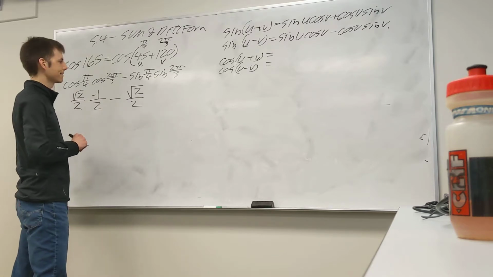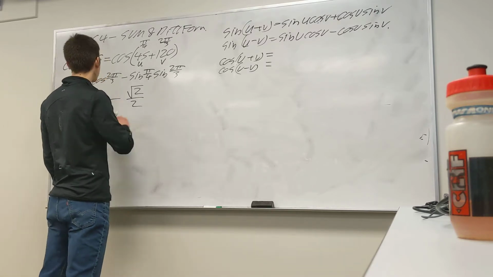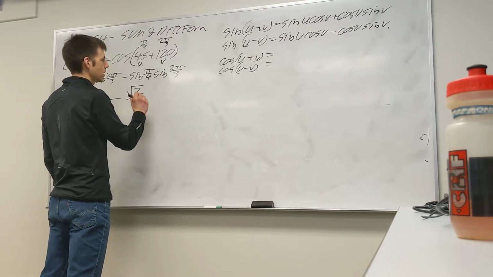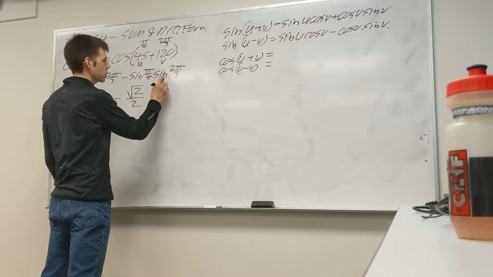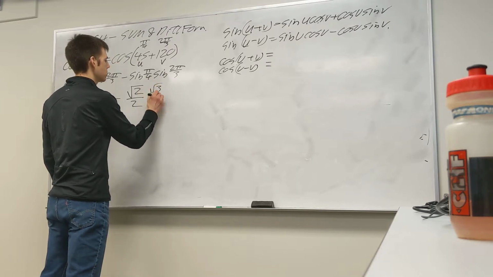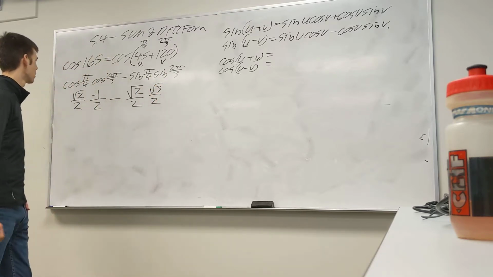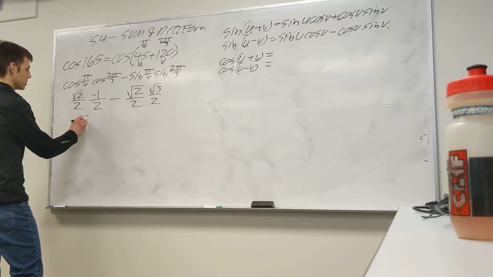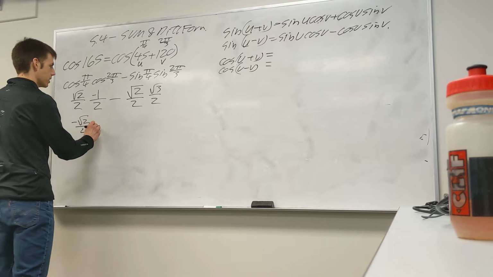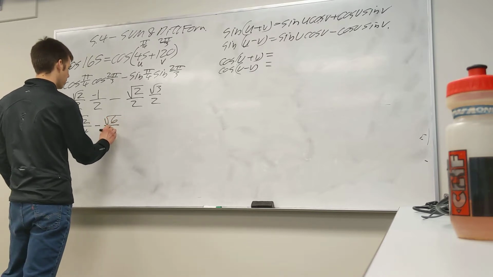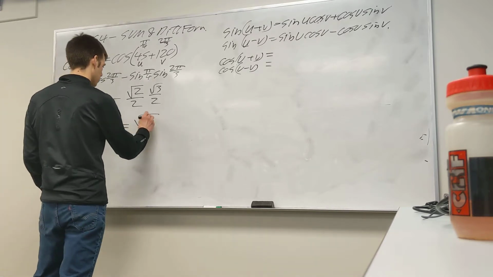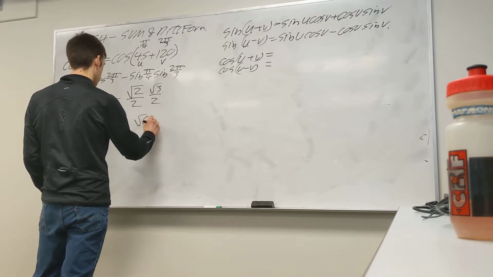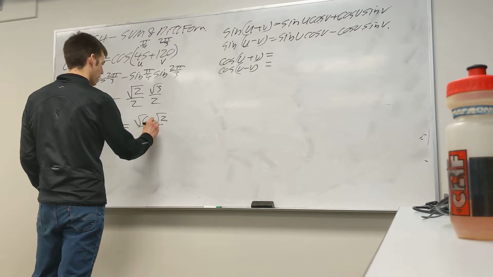Oh, just kidding, the sine, because that's between 0 and pi, is root 3 over 2, right? And so I'm going to get negative radical 2 over 4 minus radical 6 over 4, which is negative the square root of 6 plus the square root of 2, over 4.